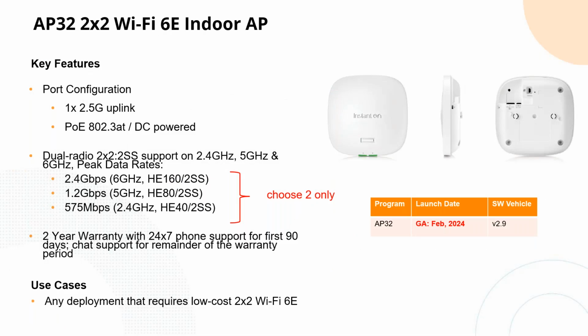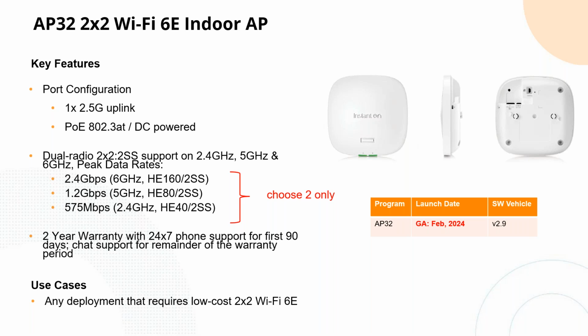And then there's our AP32. It's also a 2x2 as well, right? But it supports Wi-Fi 6E in addition to supporting Wi-Fi 6. Now, it's a dual radio model, you'll notice it says there, but I've talked about 3 bands on this product.